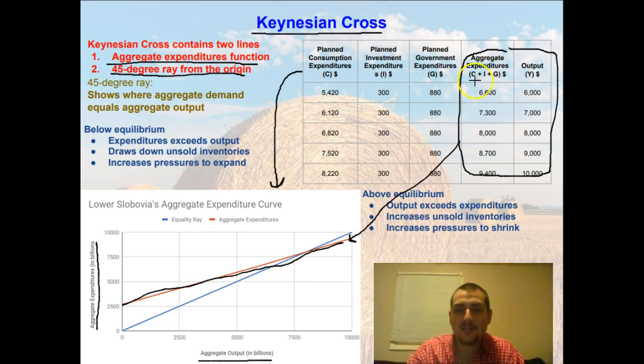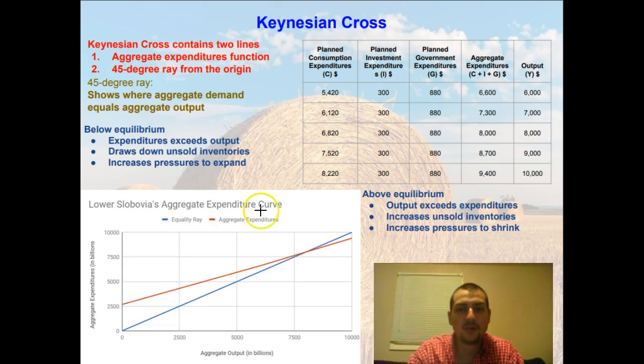How did we calculate that? If you remember back to the last video, we calculated it by using that aggregate expenditures function, what we said our line 1 was. So all this red line is the aggregate expenditures function, equal to consumption plus investment plus government spending, and all we did was just graph it.